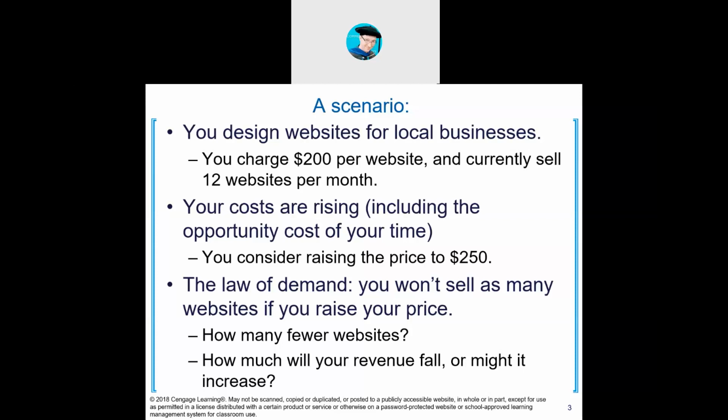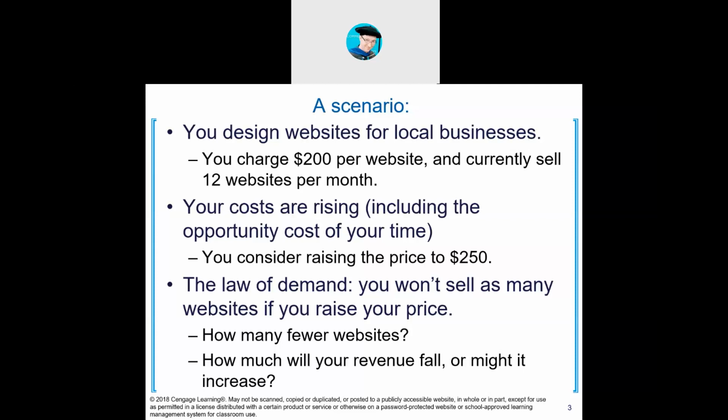So we can already understand what our revenue is. $200 per website, 12 per month. If I whip out my calculator, 200 times 12, we're looking at $2,400 per month of revenue from your website design company.